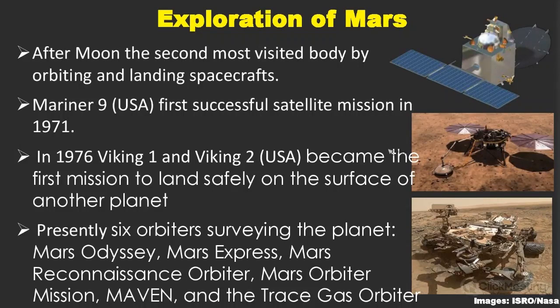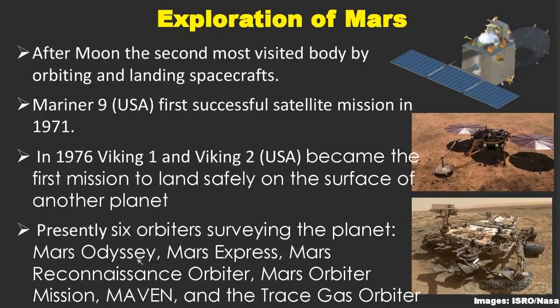After the Moon, this is the second most visited body by orbiters and landing spacecraft. The first successful satellite mission was in 1971 by the USA, Mariner, and 1976 was the first lander on the surface of another planet. Presently we have six orbiters surveying the planet, and one of them is from India, the Mars Orbiter Mission.